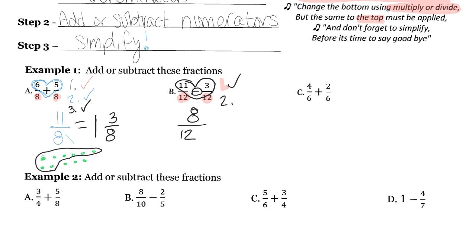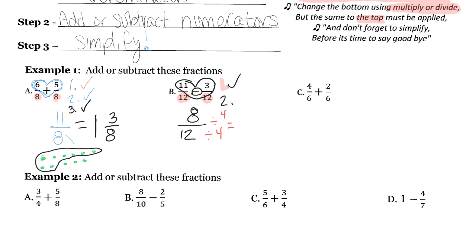But we can still simplify that because both of those numbers can be divided by the same number. So both of those share a number in common. They both have 4 in common. So I can divide them both by 4. So I divide the top by 4 and divide the bottom by 4. Remember, what we do to one, we have to do to the other.